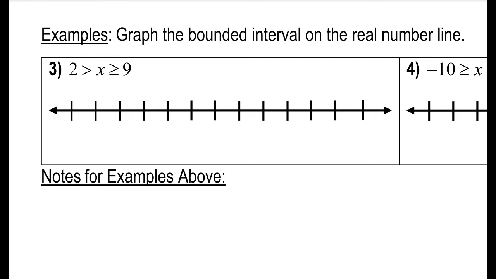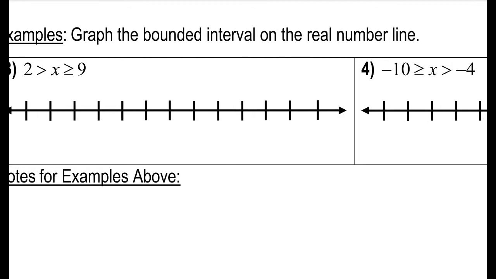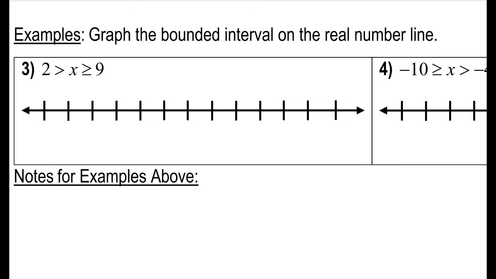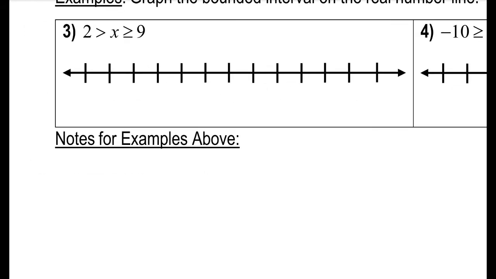Now we need to graph the bounded interval on the real number line. Notice we have the same inequalities as above, but now we just have to graph them. So again, for some notes, anytime you have inequalities that are not underlined, we're going to have open circles. Anytime we have inequalities that are underlined, you guessed it, closed circles.